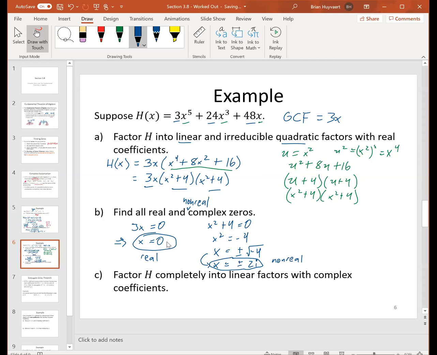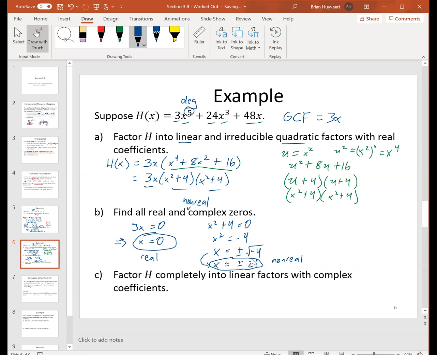Okay, so right now it looks like we have 3 solutions, 3 zeros, but this is a degree 5 polynomial, so we should have 5 of those. So we go to the next factor, and wait a minute, x squared plus 4, x squared plus 4. So it turns out these zeros are just going to get used again.